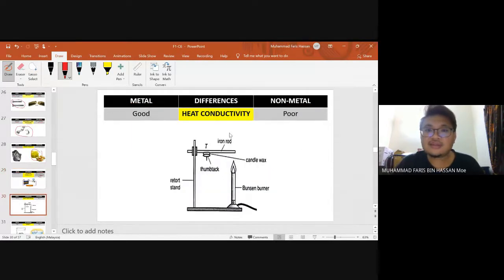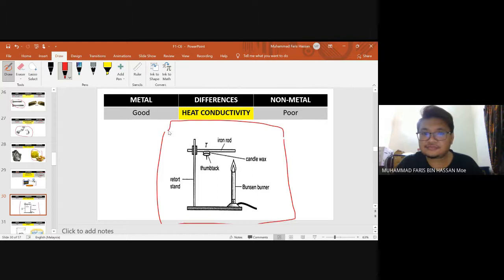And then the next is heat conductivity, where metals are good heat conductors. Most of the metals are good conductors, and most of the non-metals are poor conductors. As you can see in this picture, we have a Bunsen burner, so we light the Bunsen burner.